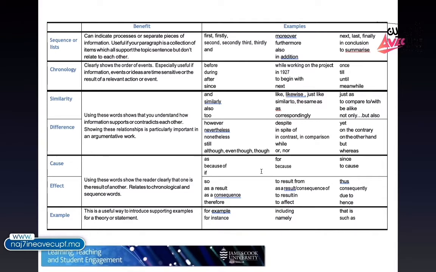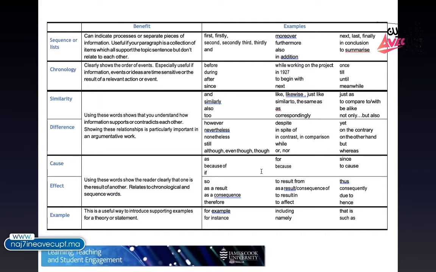Cause and effect. When using these words they show the reader clearly that one is the result of another. As a result, because of, if, because, for, since, to cause, but. An effect, which is the result: so, as a result, as a consequence, therefore.